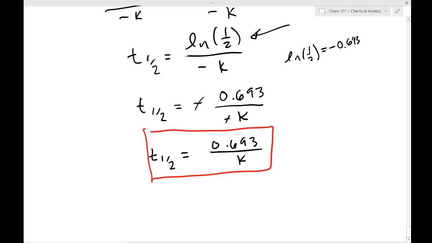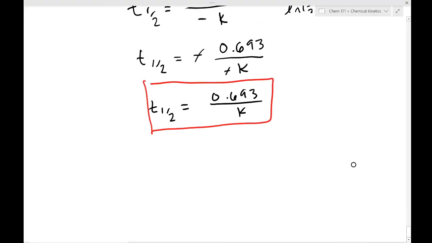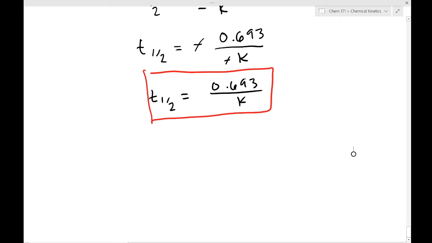This is the point at which the initial concentration is cut exactly in half at this exact time. So anytime you have a first order reaction, you can always use this formula to find the half-life.